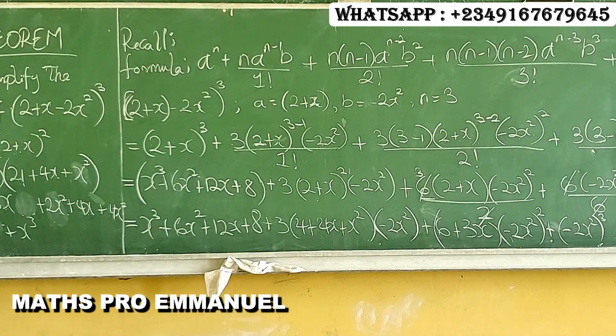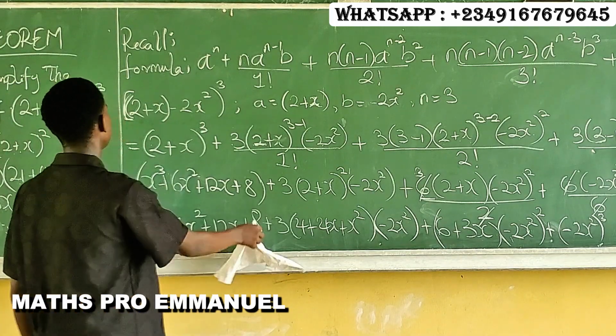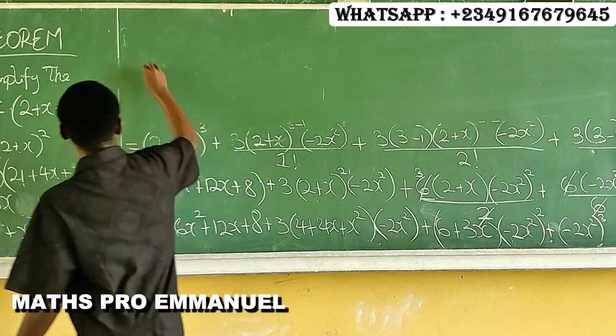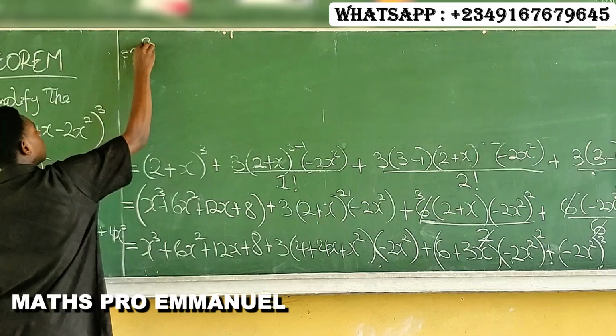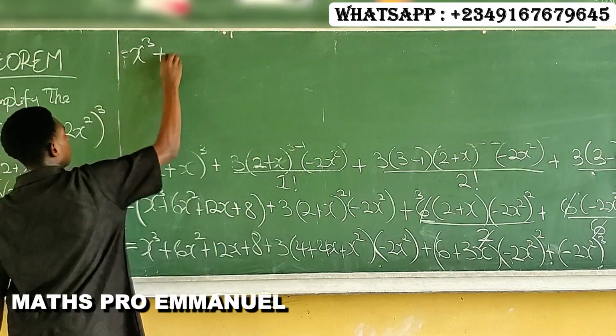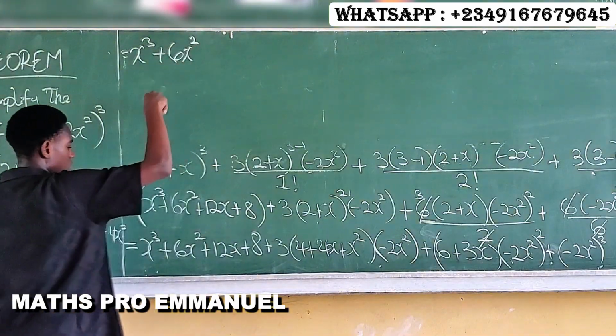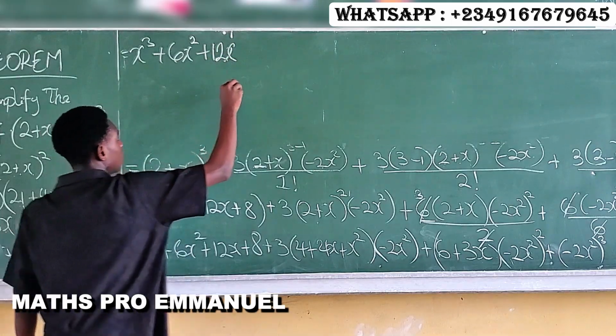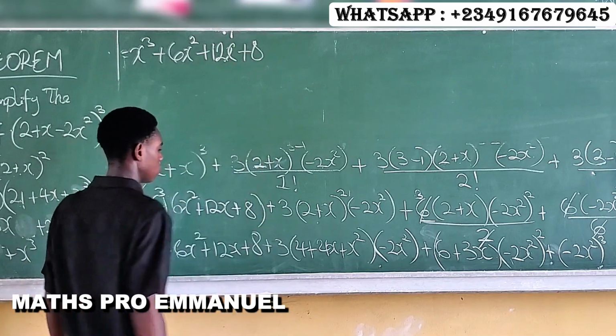So that's it. Now let me clean the board on top so that I'll have space. So we have x raised to the power of 3 plus 6x squared plus 12x plus 8.